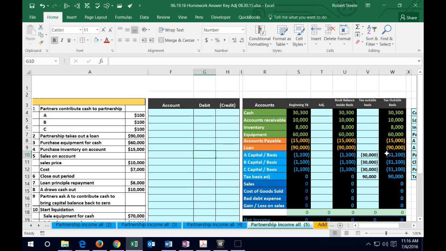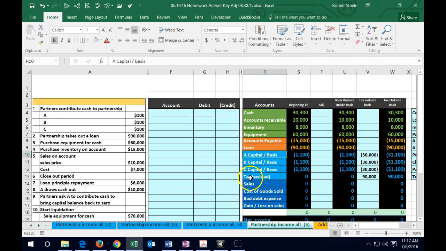We don't want to do it out of order because we don't know what we might get for something like the inventory or the equipment, and we'd like to do that first before we start distributing to the owners, so that we don't end up in a situation where we distributed too much. That's the process we're going to go through. We'll see what happens to this difference between the capital accounts as we go through this process.